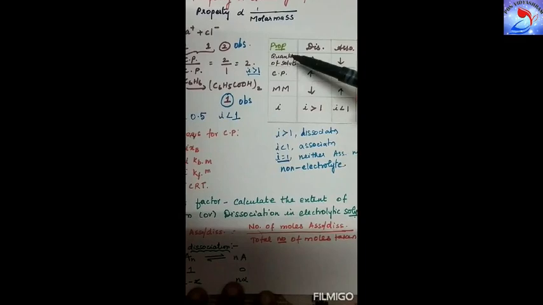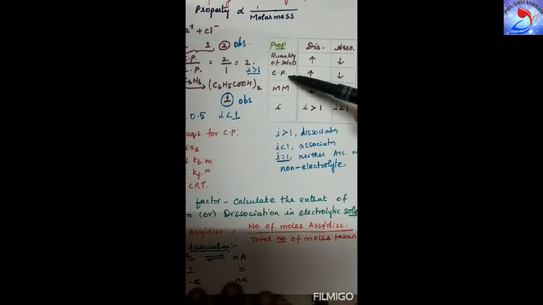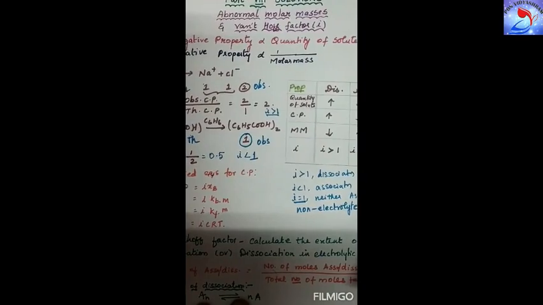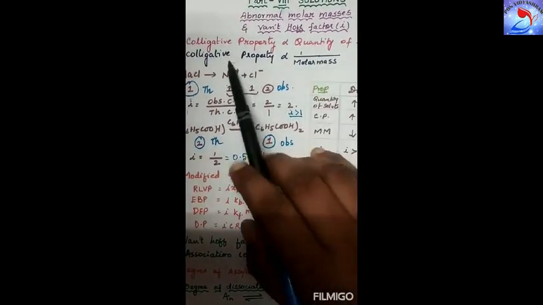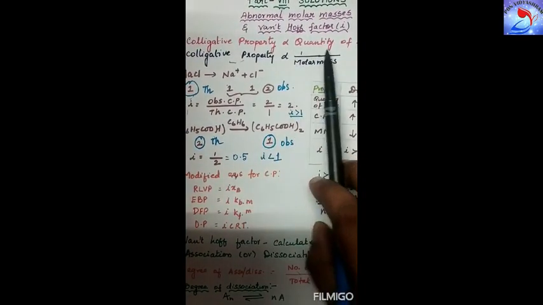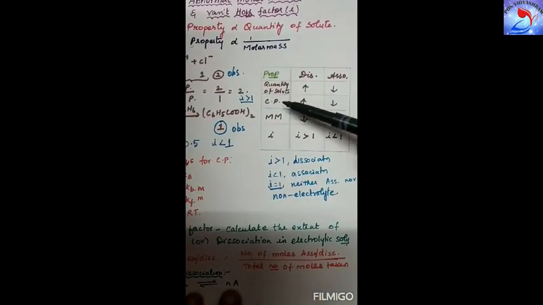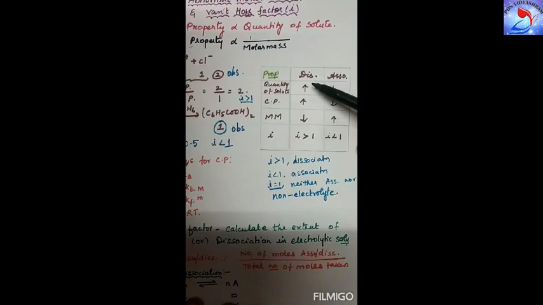When the quantity of solute increases, the colligative property also increases because these two are directly proportional to each other. This is also indicated in the first introduction part itself. Colligative property is directly proportional to quantity of solute. So as the quantity of solute increases, colligative property also increases for dissociation.